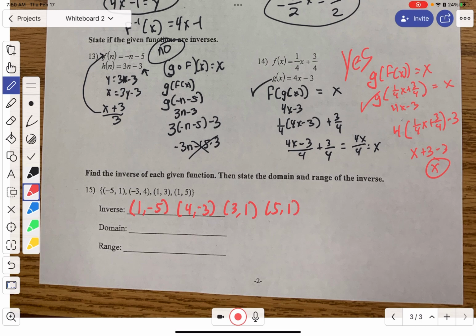The domain is the x values of our inverse, so 1, 3, 4, and 5. The range is our y values, negative 5, negative 3, and 1, and you don't need to repeat it. All right, there is the review, 5.5 and 5.6.